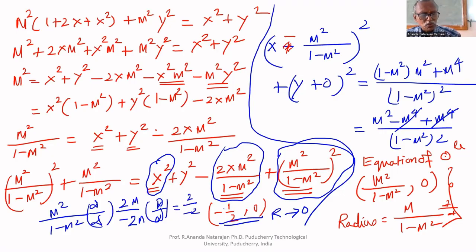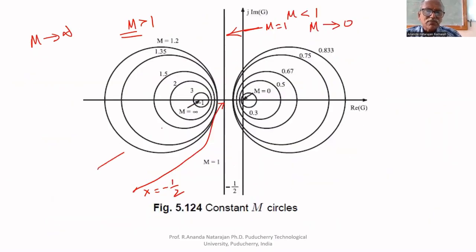So when m tends to infinity, the center becomes minus 1 comma 0, and the radius tends to 0 because the denominator degree is higher, so it goes to infinity, and 1 by infinity becomes 0. That is mentioned here. As m tends to infinity, the center goes to minus 1 comma 0.